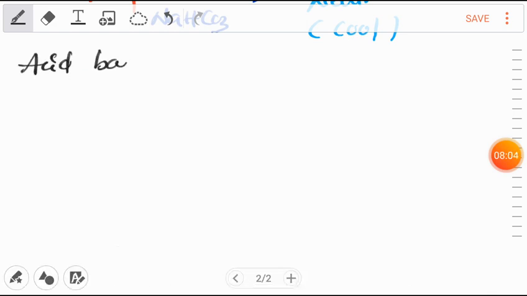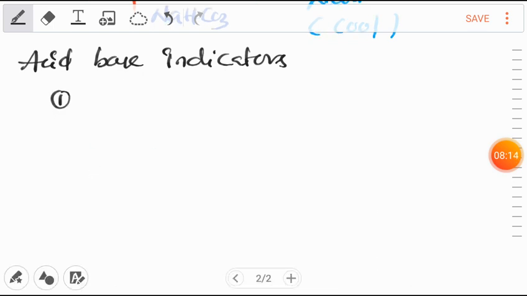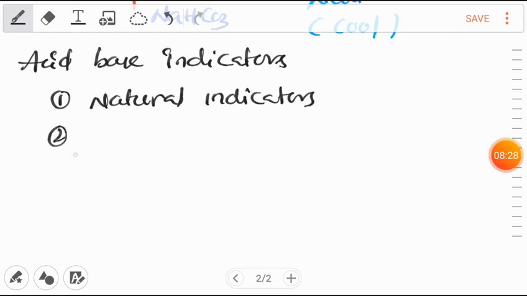Acid base indicators. How many types of acid base indicators are there? We classify them into two types: natural indicators and synthetic indicators.